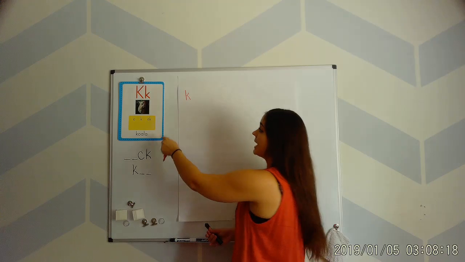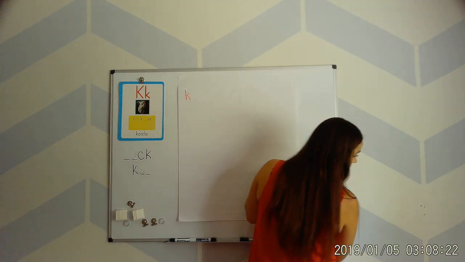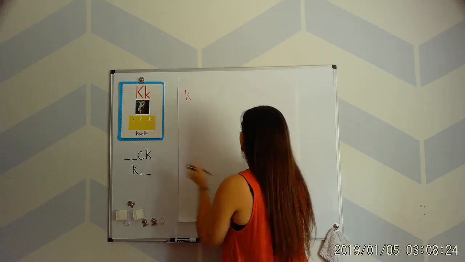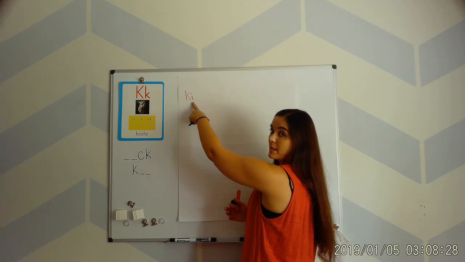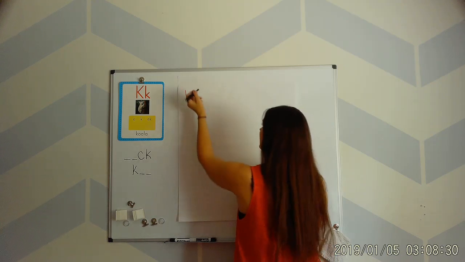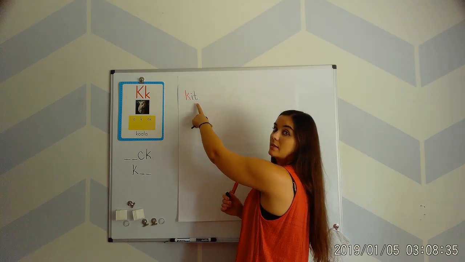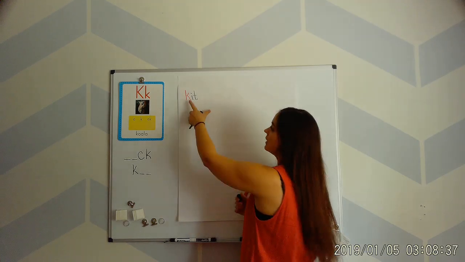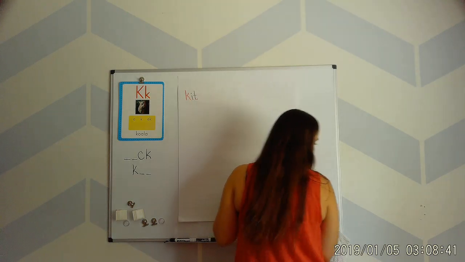So it's still going to say ka, like the koala, but it's at the beginning. And we've got I, which says what? I. And then T, which says what? Ta. So now let's blend. Ka, i, t. Kit.